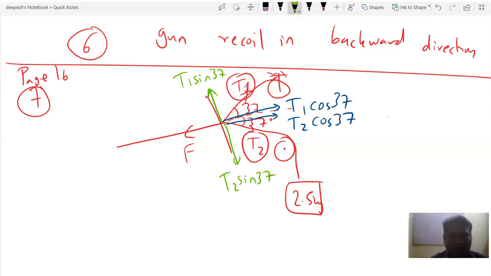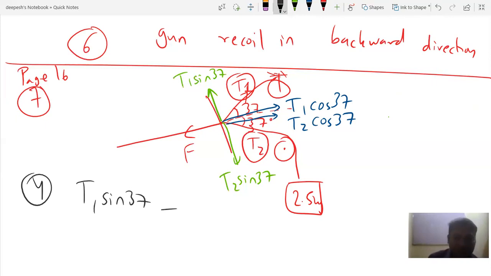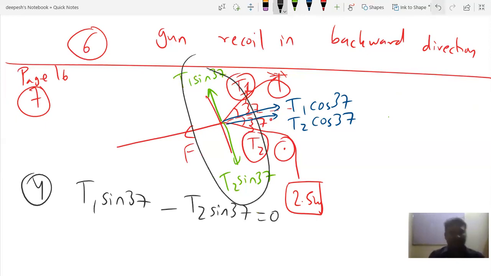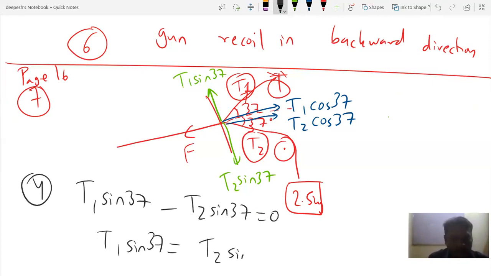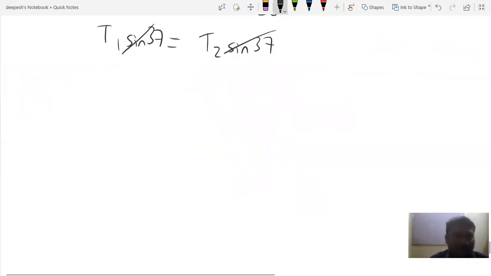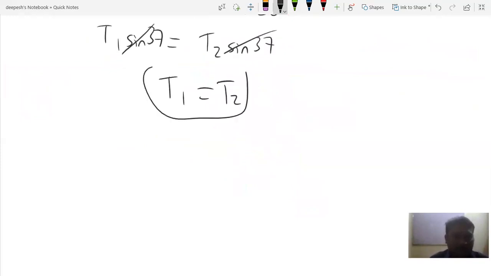Along the y direction, the force balance will give us T1 sin 37 minus T2 sin 37 is equal to 0, because these two forces will balance each other. So we get T1 sin 37 equals T2 sin 37. Sin 37 cancels, and we get T1 is equal to T2.